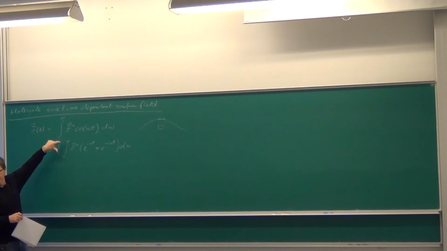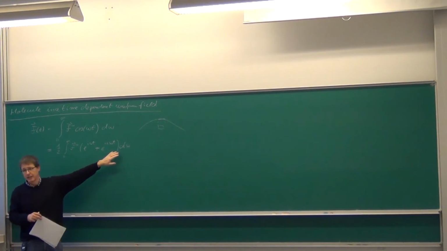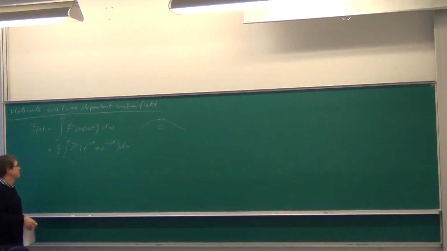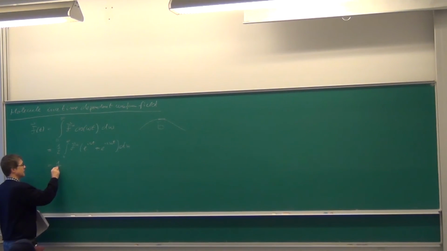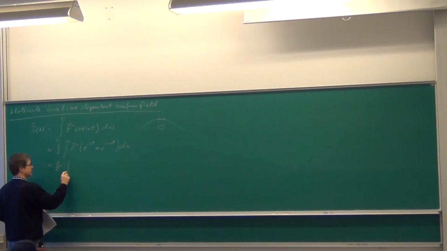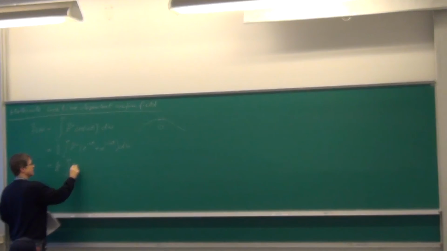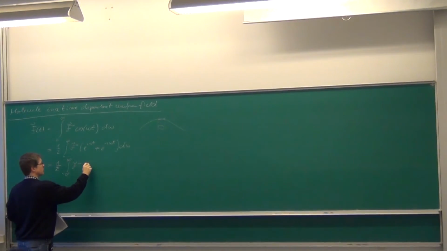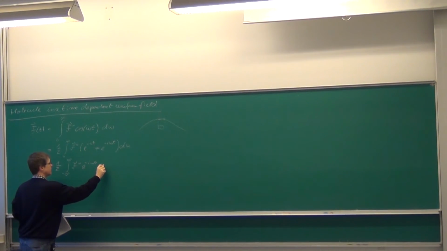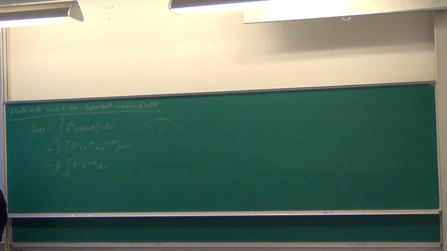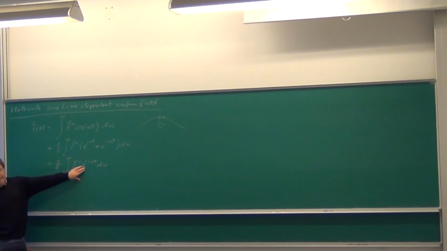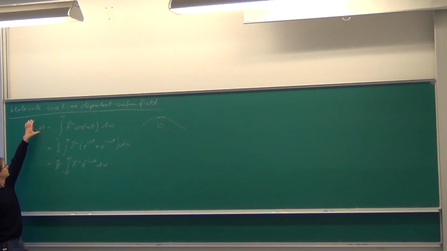If I turn the integral around, I get rid of the minus sign. And then I can combine it into one integral, which now goes from minus infinity to plus infinity, e to the minus i omega t d omega. And that is just the Fourier transform of that.